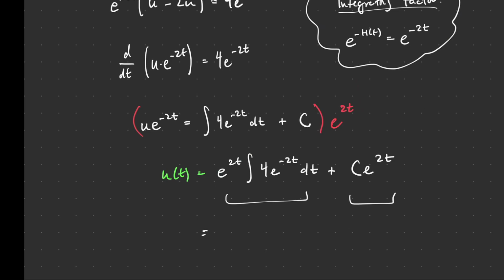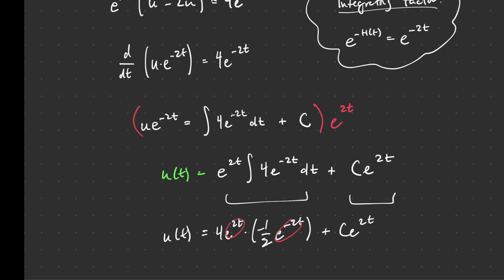So I can pull out the 4, and I've got 4e to the 2t times the antiderivative of e to the minus 2t, which is negative 1/2 e to the minus 2t, plus c e to the 2t. And then the good part is that we get to cancel out terms. So you've got 4 over negative 2.